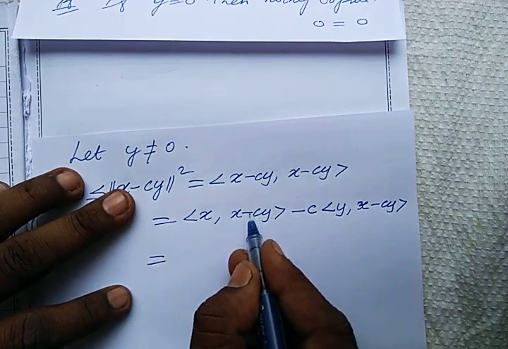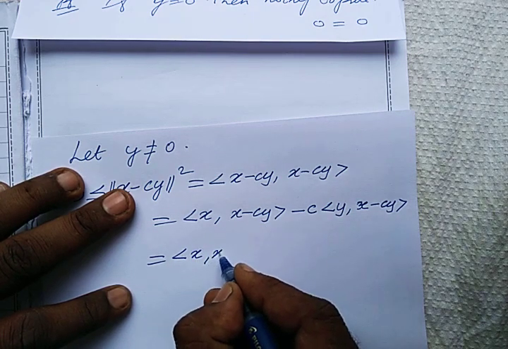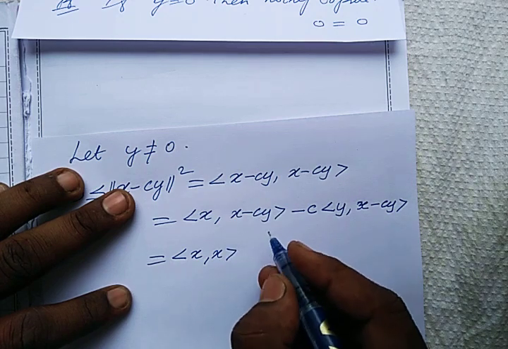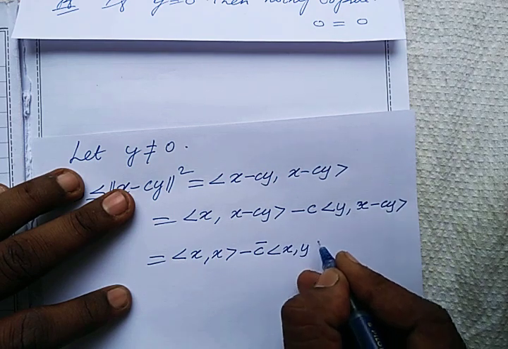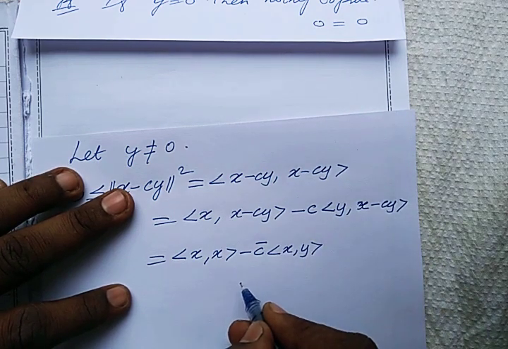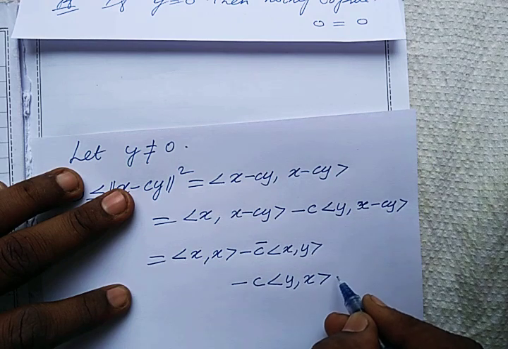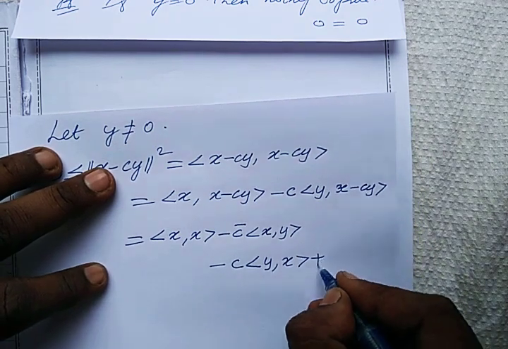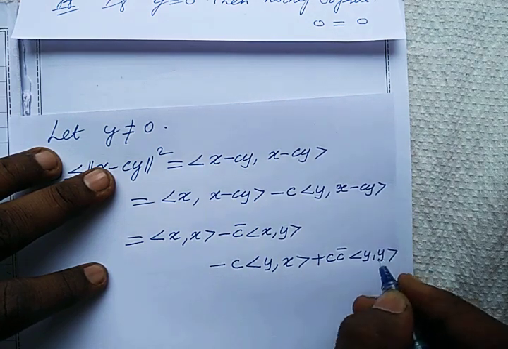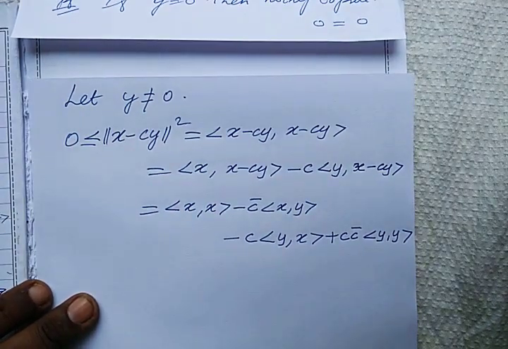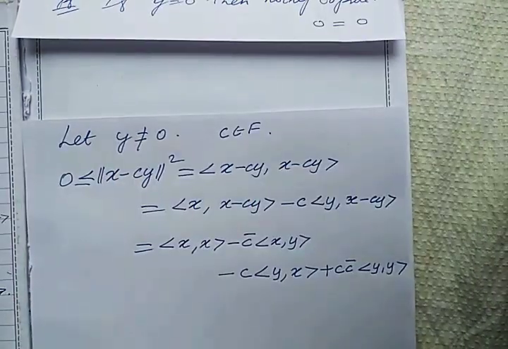And from this one, splitting the second component, I get inner product of x comma x, and if I take the c outside, I get minus c bar inner product of x comma y, and from this one minus c inner product of y comma x, and minus of minus is plus, so simply I get plus c times c bar inner product of y comma y, where c is a scalar.